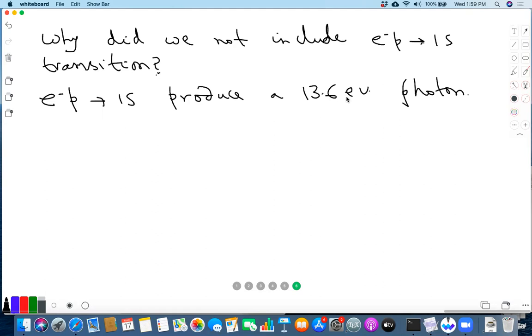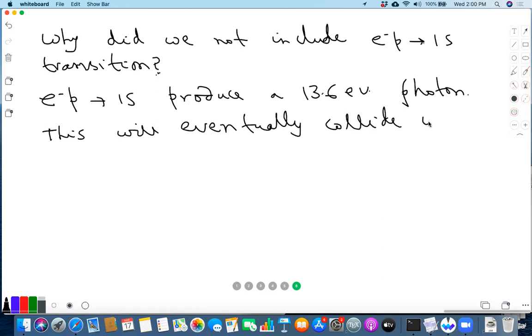What is going to happen is that this 13.6 electron volt photon will eventually collide with a 1s atom. Now you can ask why 1s and why not a higher excited state.